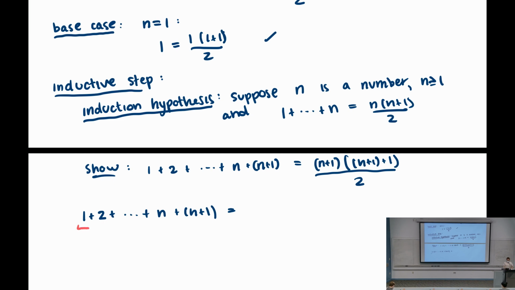And in this case, we see that the sum in the inductive hypothesis is present right here. So we'll use the induction hypothesis, and this will be n times n plus 1 over 2, and then we add to this n plus 1. So this step is by the induction hypothesis.